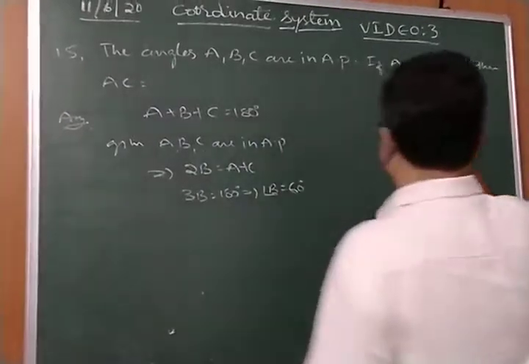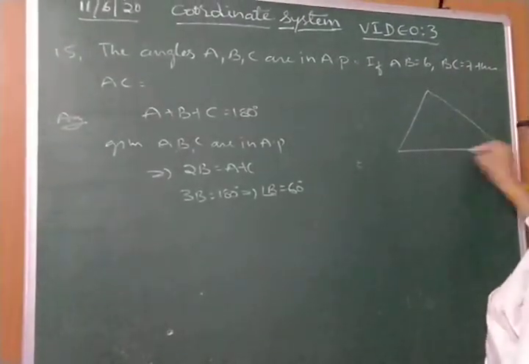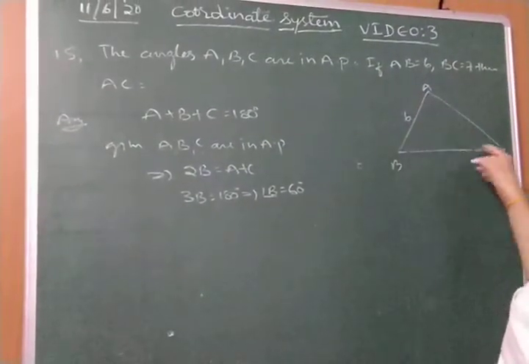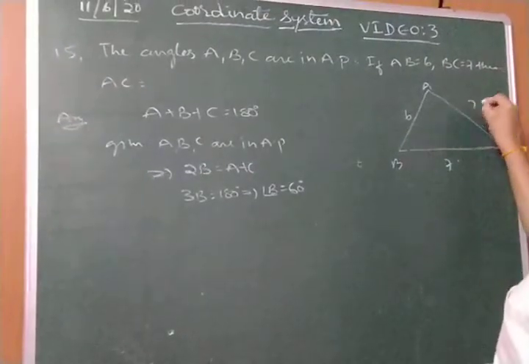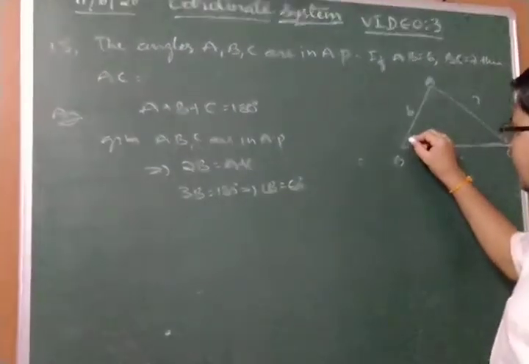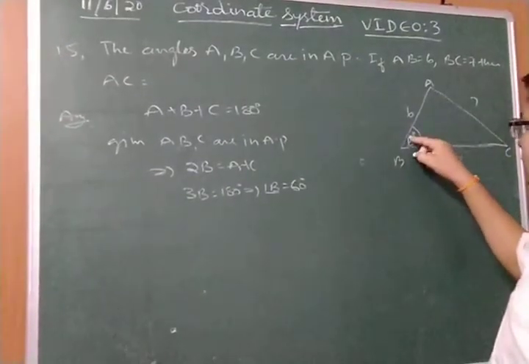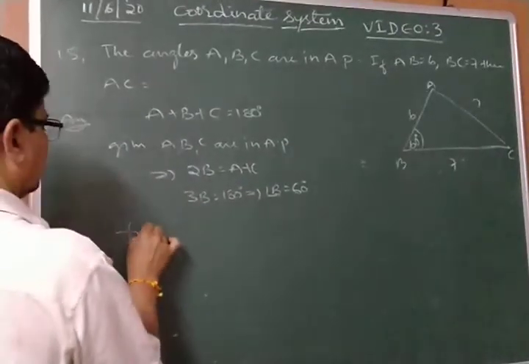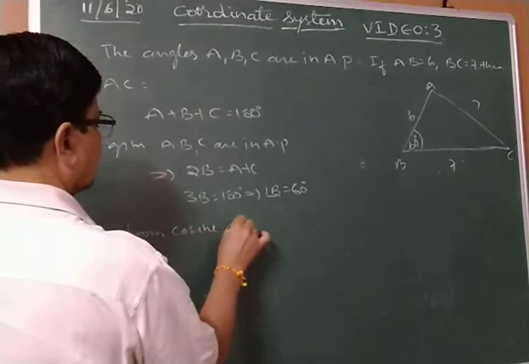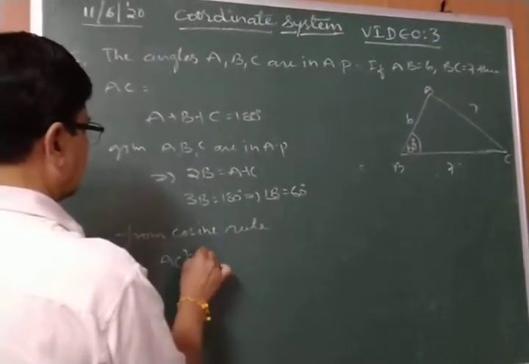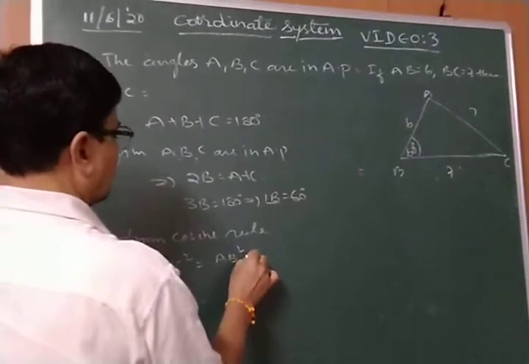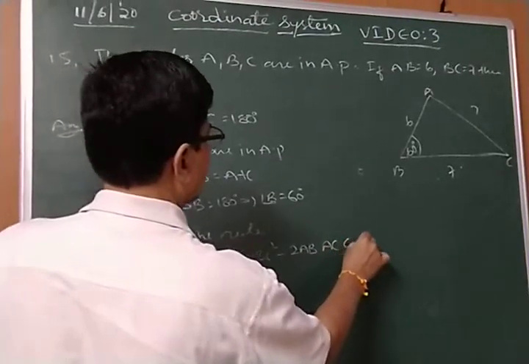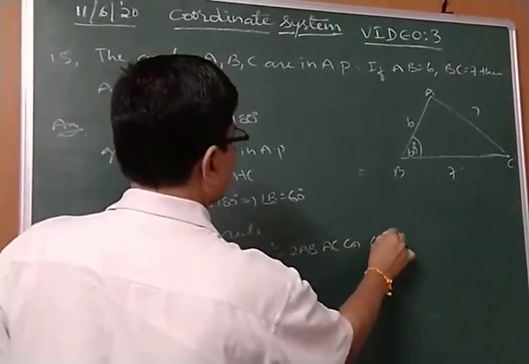We draw a triangle ABC. Given AB is equal to 6 and BC is equal to 7. Now what is AC? Here we know that angle B is equal to 60 degrees. From the cosine rule, AC square is equal to AB square plus BC square minus 2 AB BC cos of angle B, cos 60 degrees.